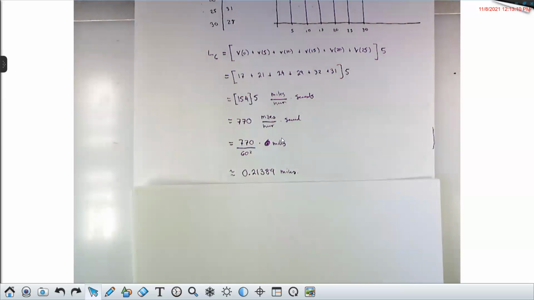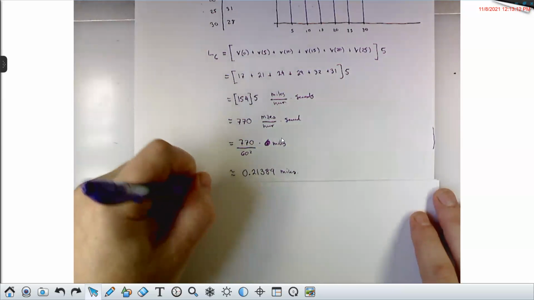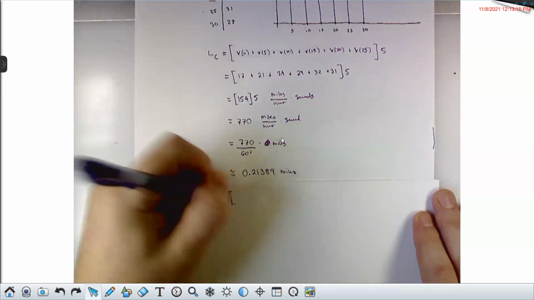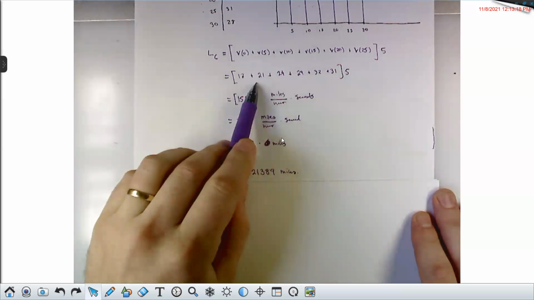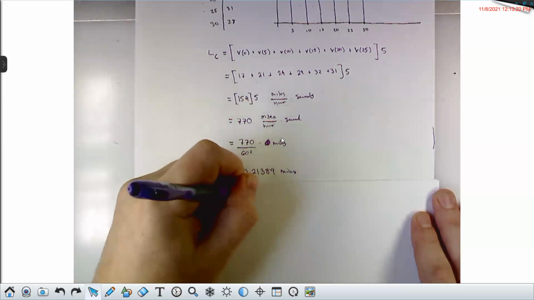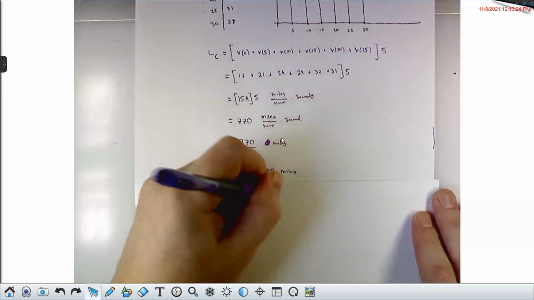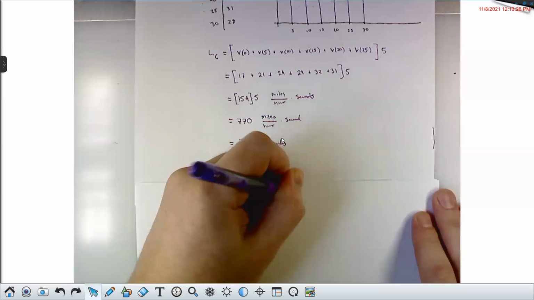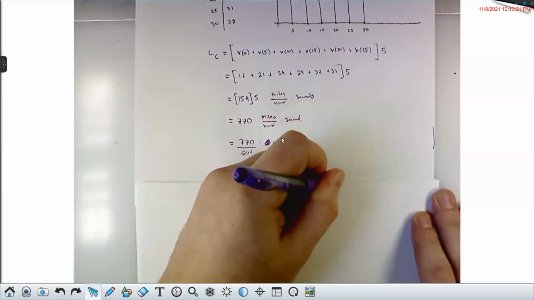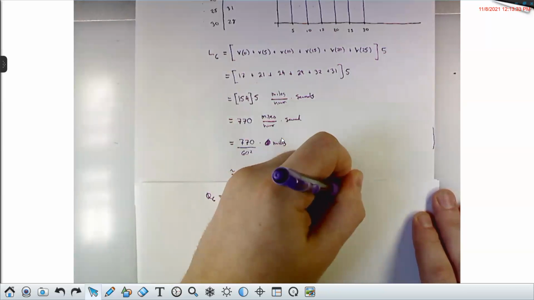So that's L6. R6 would be all of this stuff, but not this, right? So 21 plus 24 plus 29 plus 32 plus 31 plus 28, all times delta t.